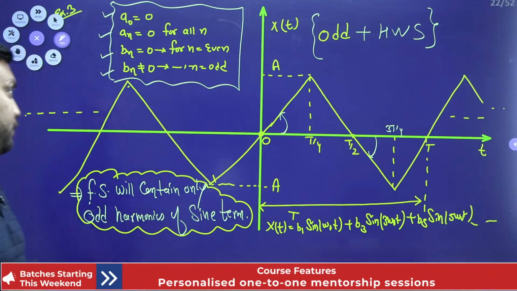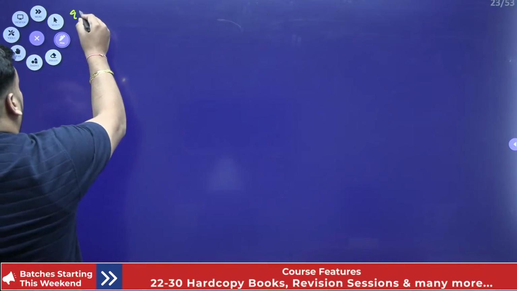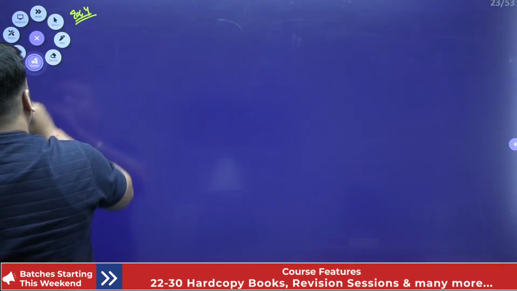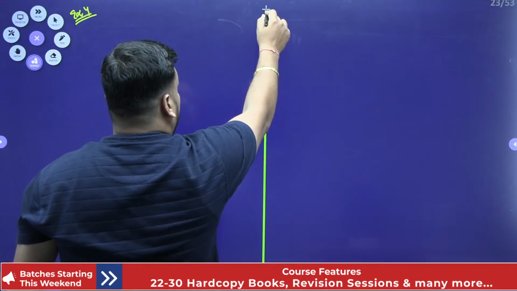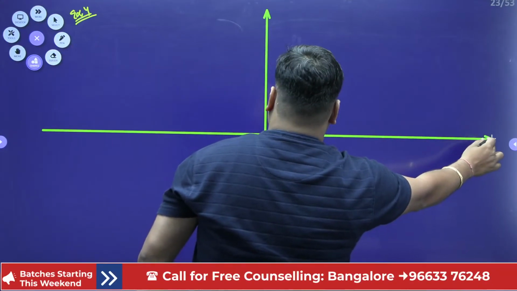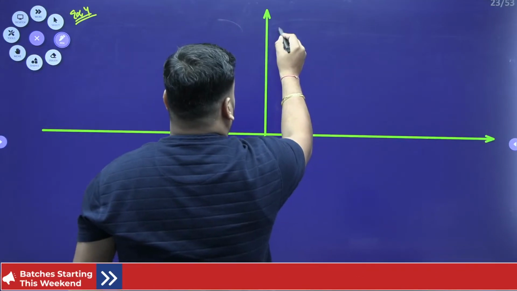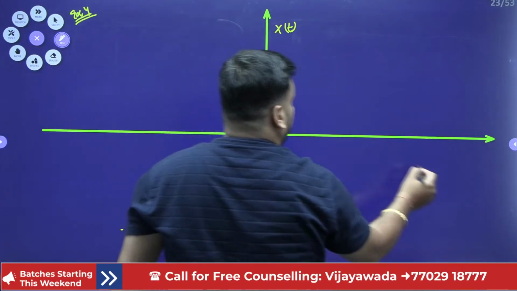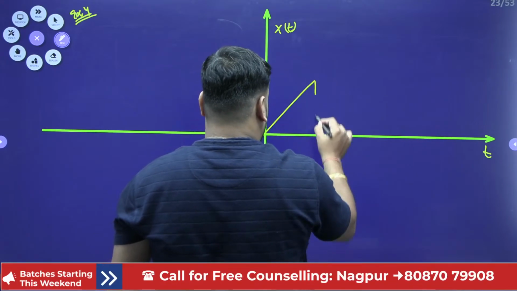Clear, sir. Let's go. Now I am going for the next example, example number 4. You should tell me which criteria example number 4 satisfies, whether it is even or odd, or whether it is HWS or not. The signal is x of t with respect to t. Tell me guys, which criteria does this signal satisfy?